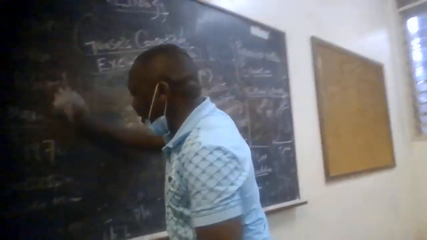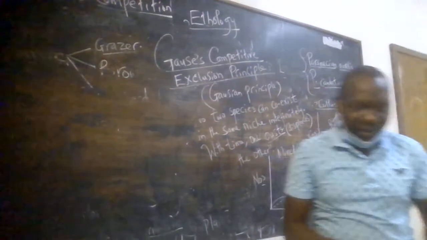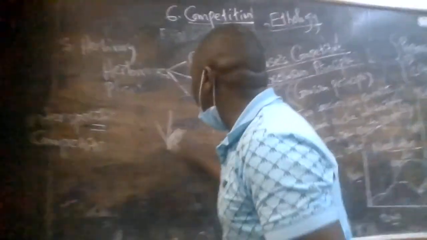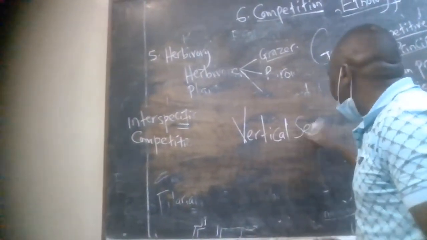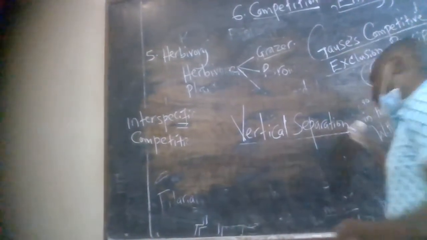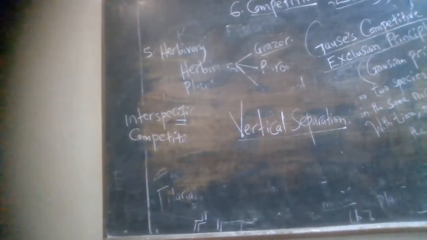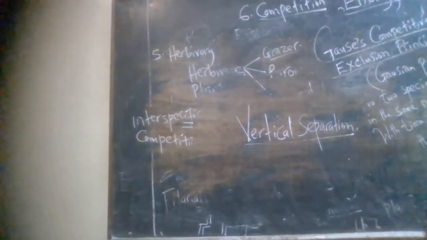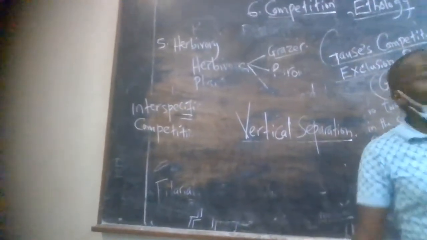We give it a name, vertical separation. We give it a name, what? Vertical separation. So, strategies of minimizing interspecific what? Competition. The first one, we call it horizontal separation. And the best example I gave you was the Serengeti mammals, herbivores, the birds of Mabira forest.